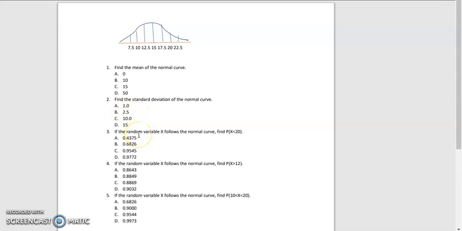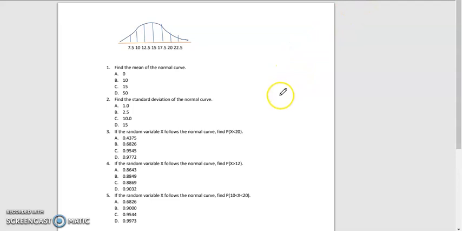So the answer is B. Then C says, if a random variable x follows a normal curve, find the probability that x is less than 20. To get the probability that x is less than 20, are you with me?